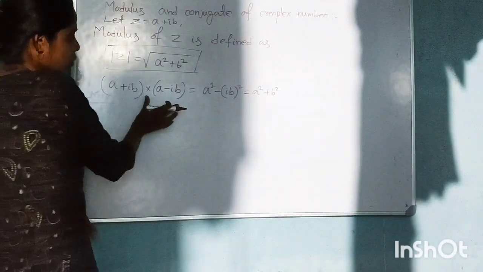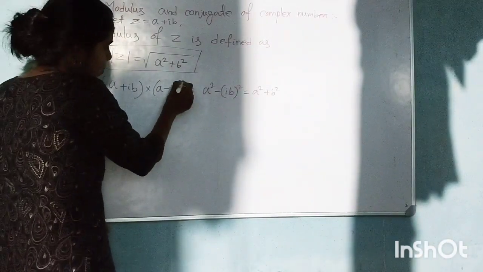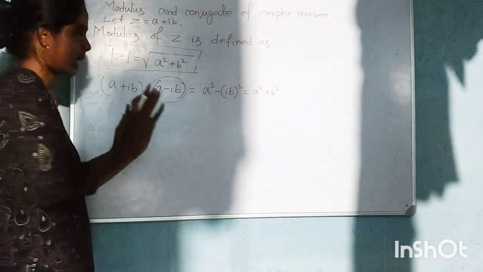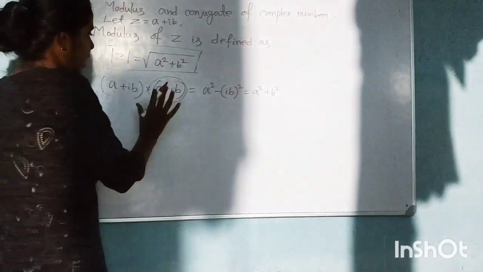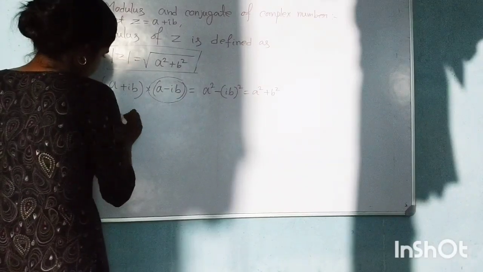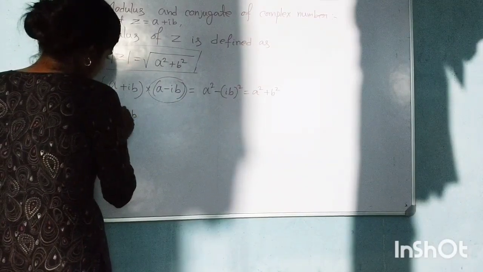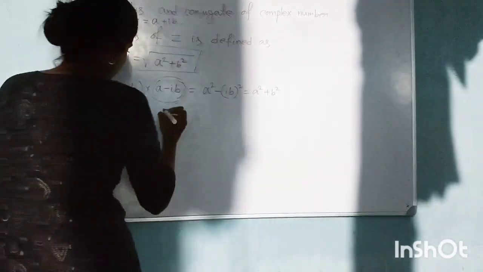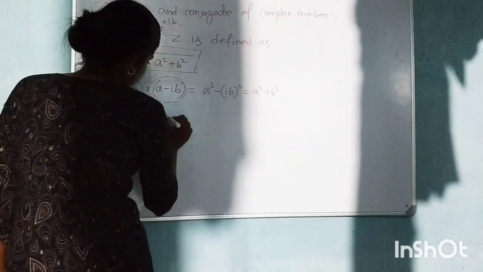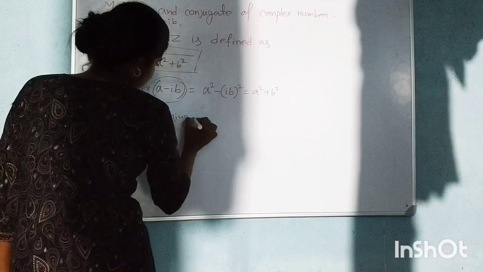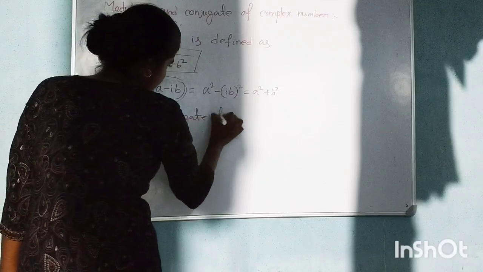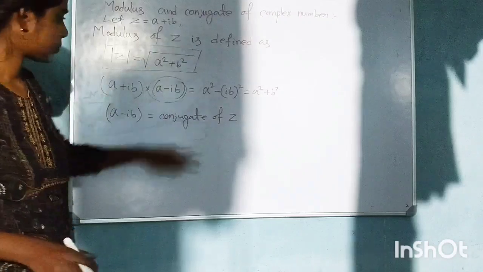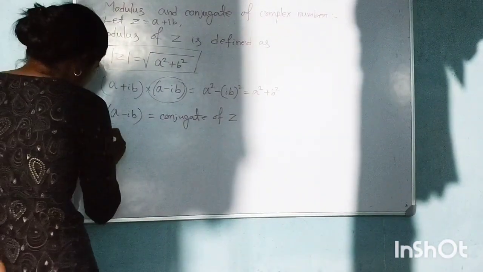So what we can conclude from here is that a minus ib has a specific importance. Here a minus ib is actually the conjugate of z. But z is what? z is a plus ib. So write it down.